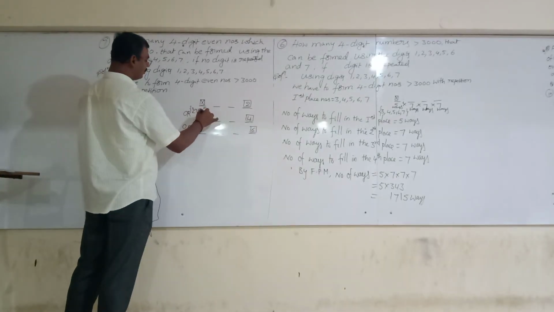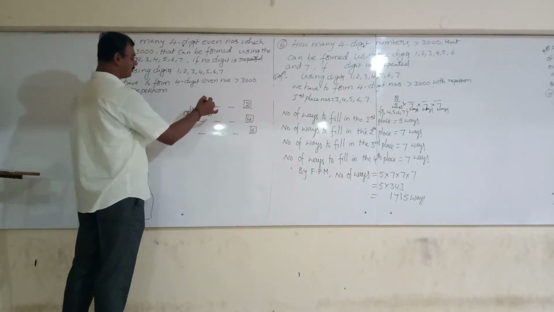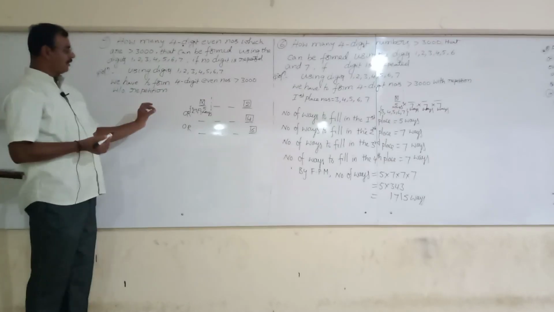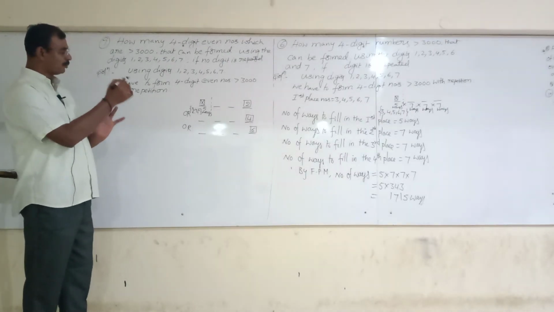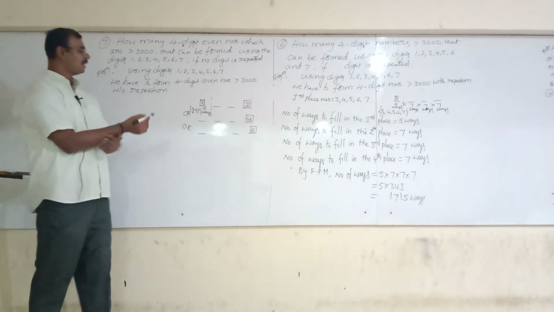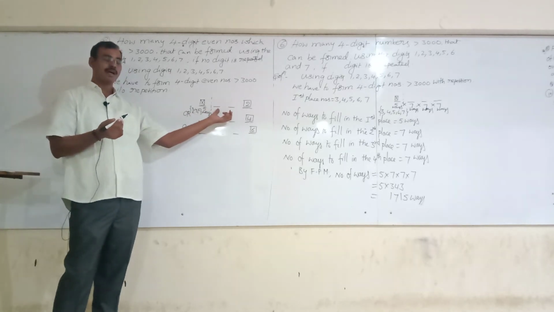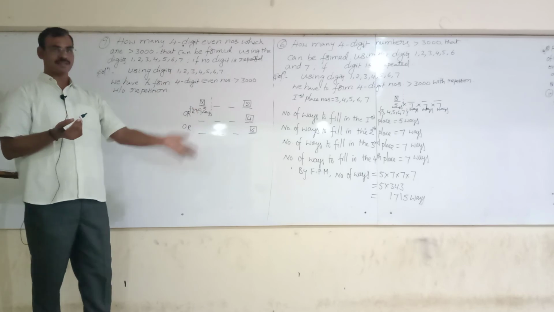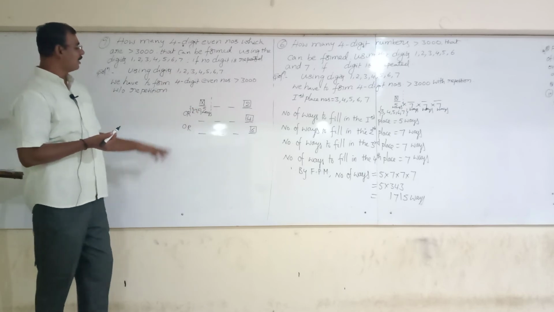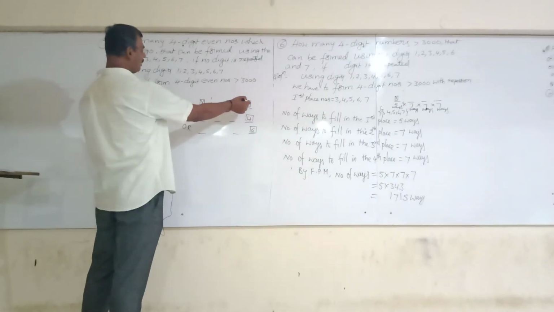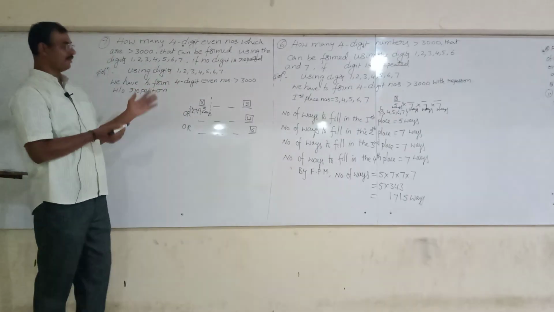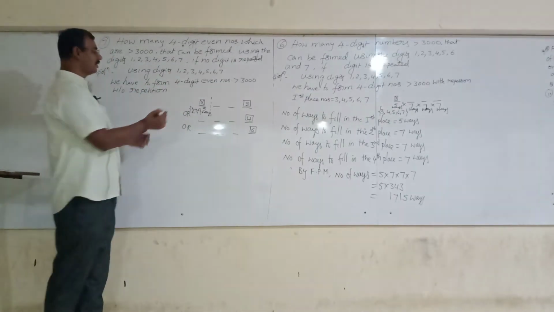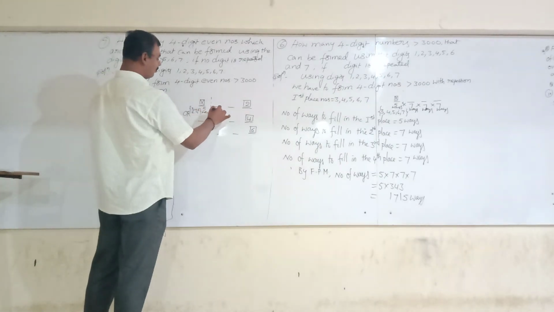This can be filled in 5 ways. Having satisfied this condition, how many positions are left? There are 2 positions left. How many digits are in the rest? One digit is fixed in the unit place, another has gone to the leading place. Out of 7, there are 5 only. So this can be filled in 5 ways.